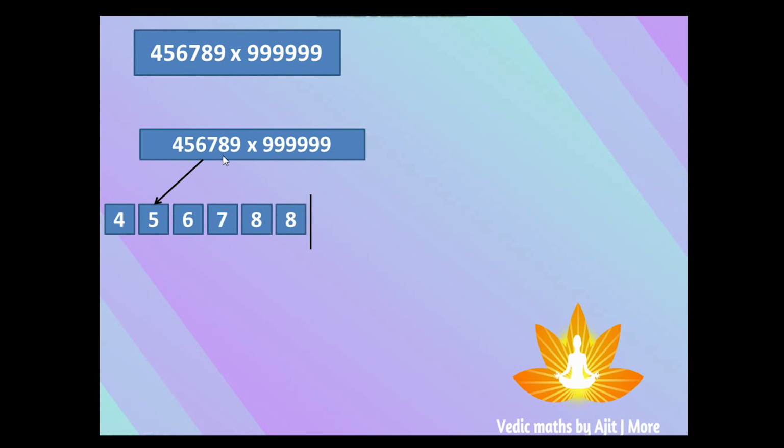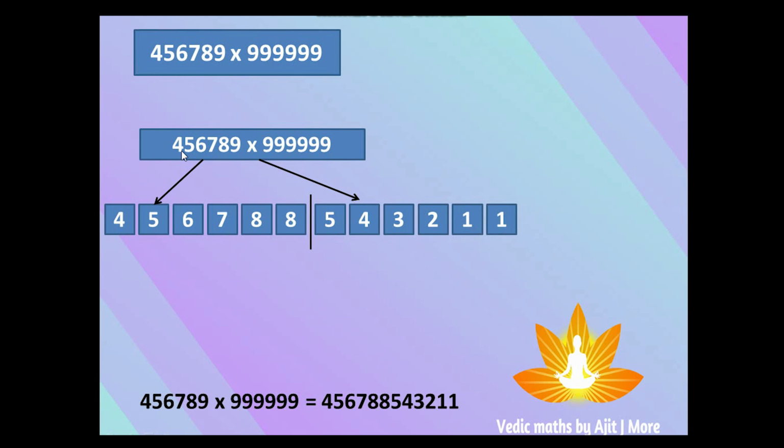The second part is to apply the Nikhilam Sutra on your multiplicand. So tell me fast: 9 minus 4 is 5, 9 minus 5, 4, 9 minus 6, 3, 9 minus 7, 2, 9 minus 8, 1, and 10 minus 9, 1. Combine both, that is your final answer. I hope you are getting it. Isn't it? Yes. That's all for today.